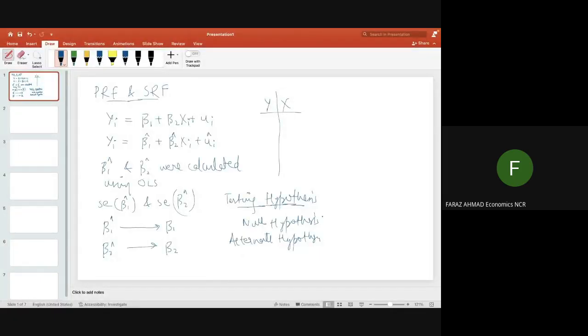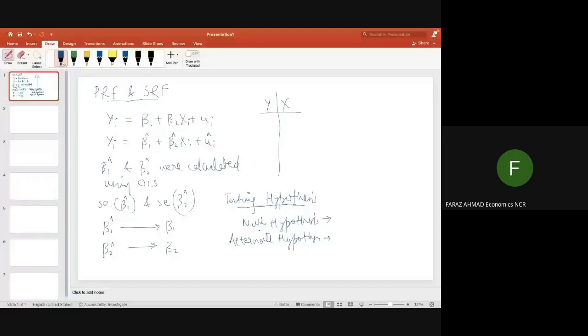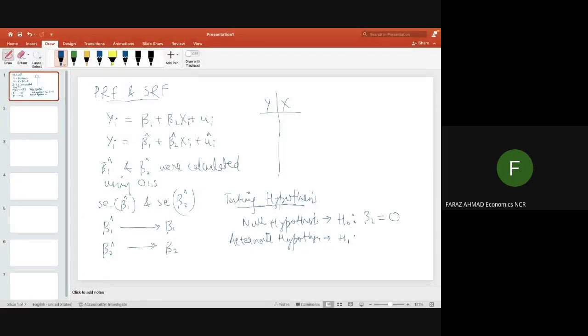The null hypothesis in regression, when we are testing about population parameters beta 1 and beta 2, is going to be that beta 2 is equal to 0. And the alternative hypothesis is going to be everything which is not there in the null. We call it H1, and it means beta 2 is not equal to 0.